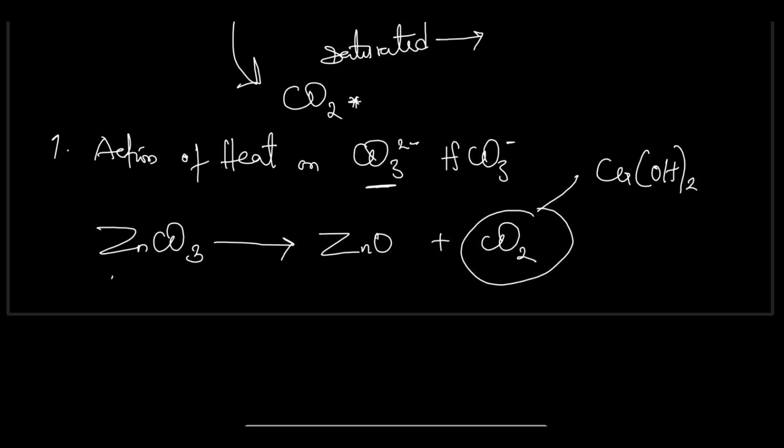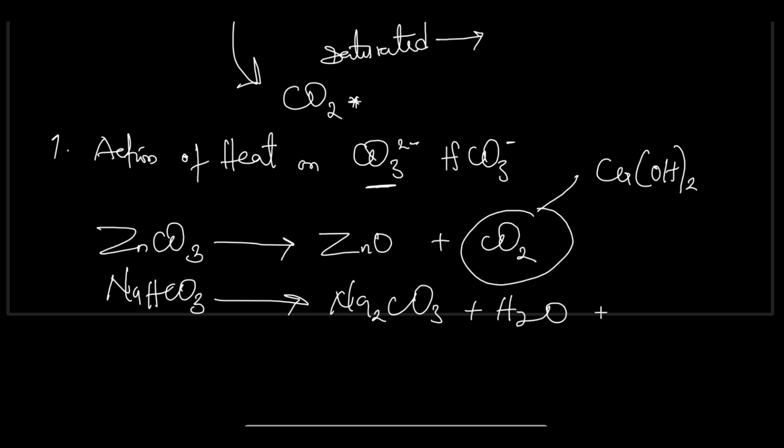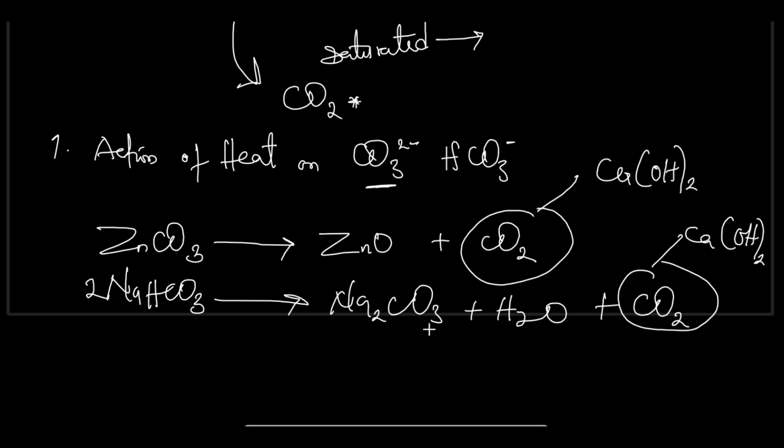Or when you decompose sodium bicarbonate, it will give you sodium carbonate plus water and carbon dioxide gas. Alright, so this carbon dioxide gas can further be detected using calcium hydroxide, which is lime water.